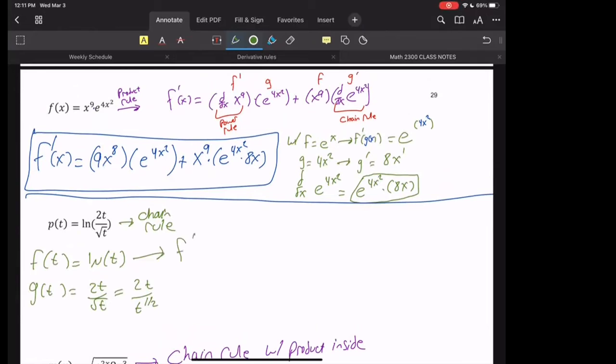So let's keep going. So we take the derivative of f. I know that the derivative of natural log is just 1 over t. But I don't want just f of t, in other words. I want f prime with g plugged in. So let me do it this way again. Here I am taking out the t.